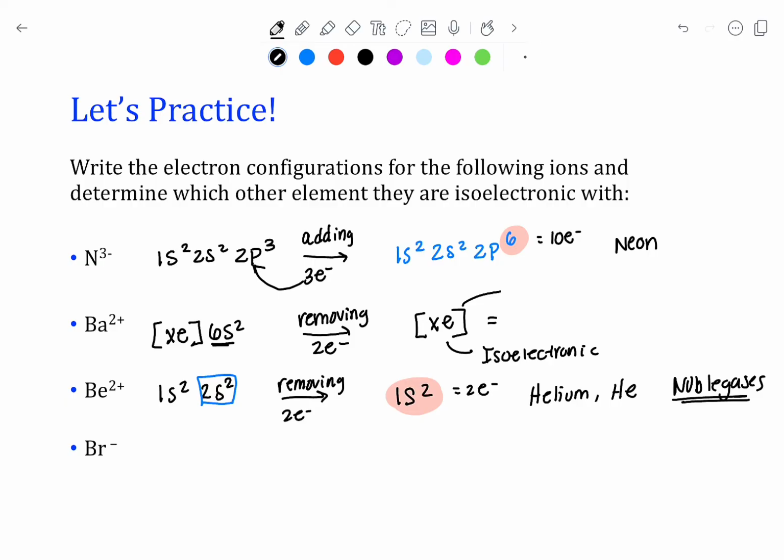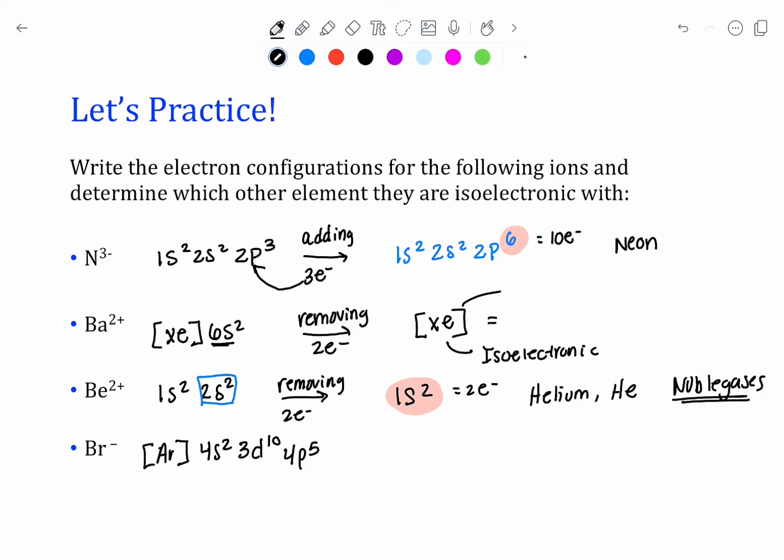Okay, our last example is bromine 1-. I'm going to write bromine as argon 4s2, 3d10, 4p5.